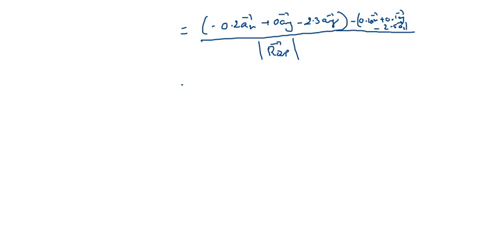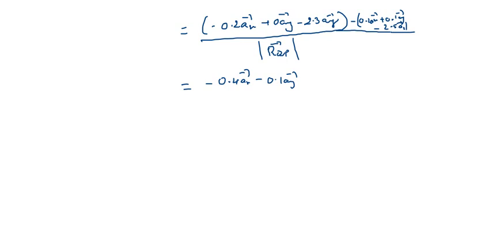Now let us solve this. Minus 0.2, and here also minus 0.2, so it is minus 0.4 a x vector. Here it is plus 0, so minus 0.1 a y vector.